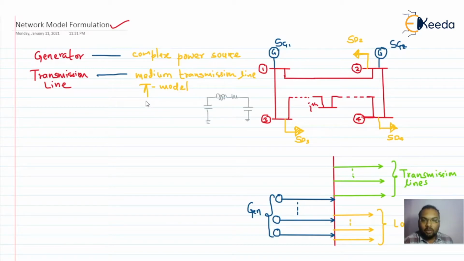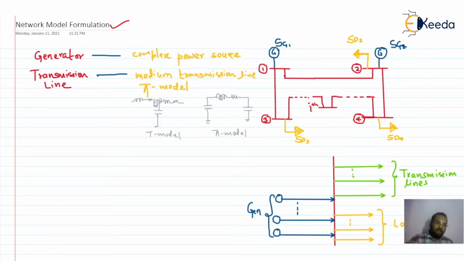And what about the nominal T model? We'll have a capacitor here, and this impedance will get divided here. So this is the nominal T model and this is the nominal pi model. If we go with the nominal T model, I'm getting an extra node here.